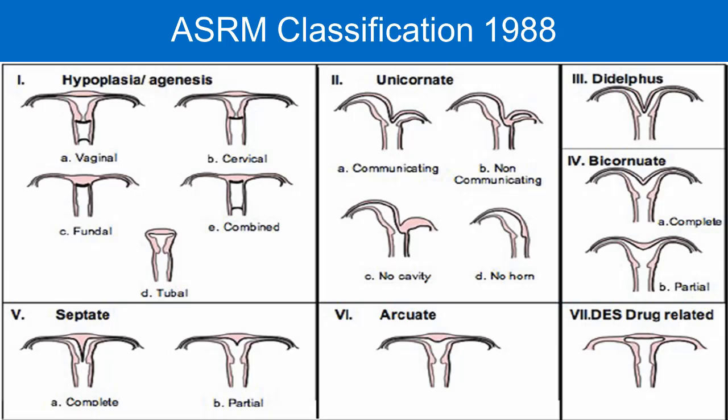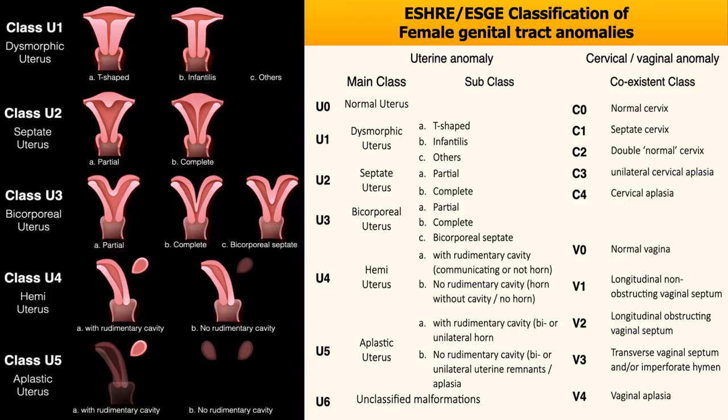Now remember, they never took into consideration the cervical or vaginal anomalies, that is a horizontal septum or a longitudinal vaginal septum. So in 2013, the ESHRE/ESGE classification came into play, and it took into account the cervical part and the vaginal part also.